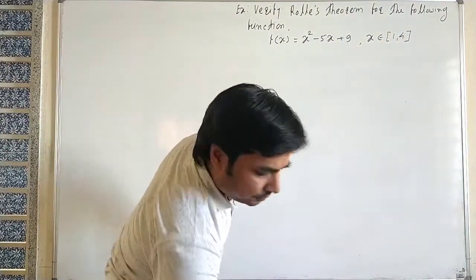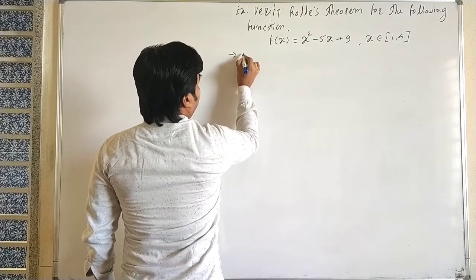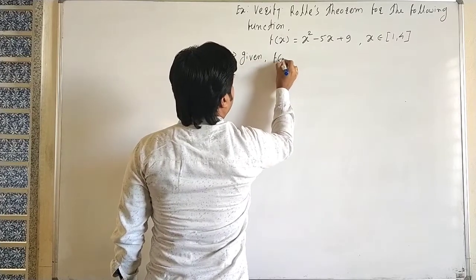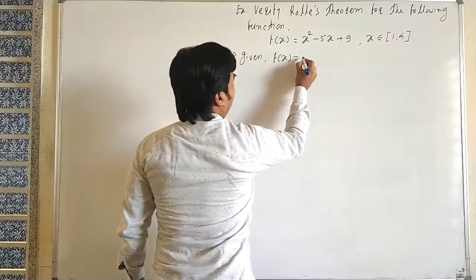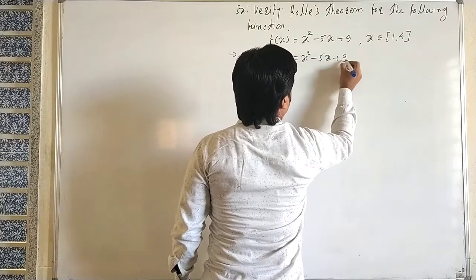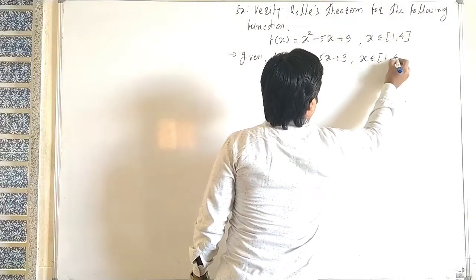Okay. Here given that f of x is equal to x square minus 5x plus 9 for x belongs to 1 comma 4.